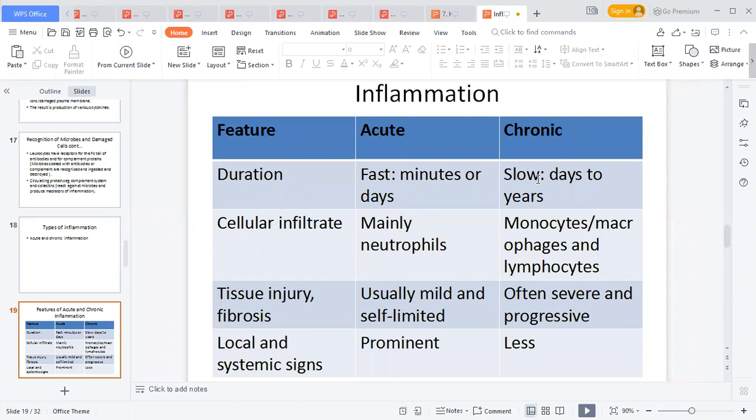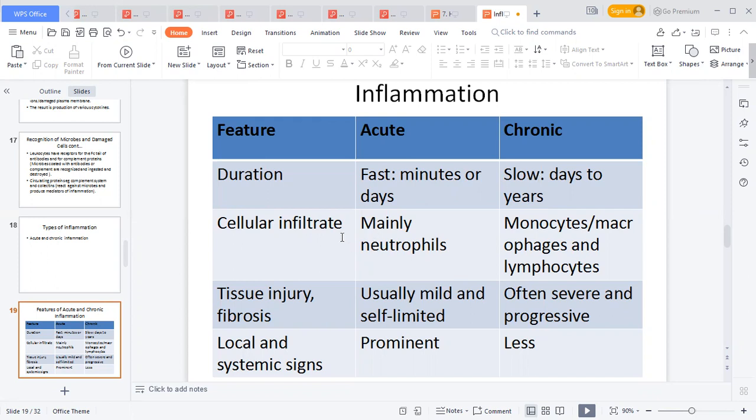That describes why people with chronic inflammation will stay longer than people with acute, because an acute one can even kill right now, since it is fast.